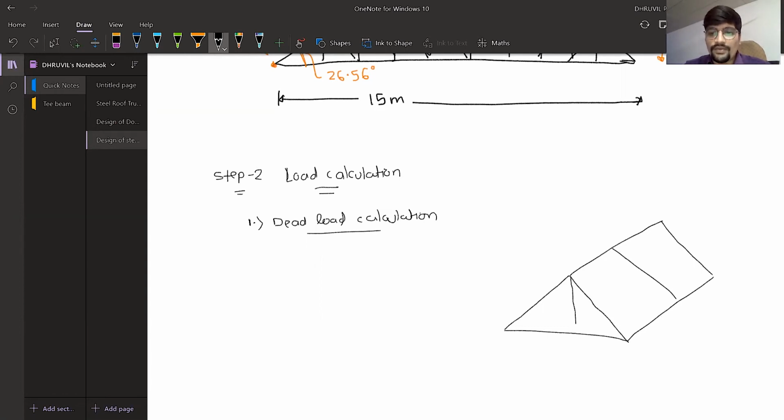So first of all, we will put a covering material on it, which is known as roof covering material. The roof covering materials are of two types. So the first weight will be the self weight of the roof covering material.